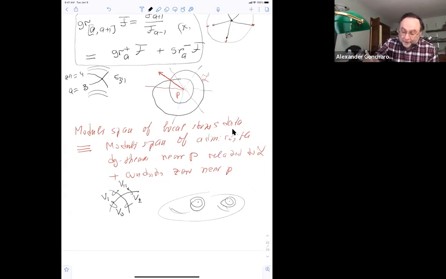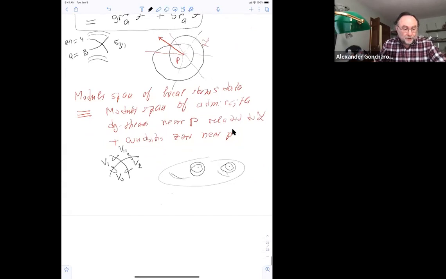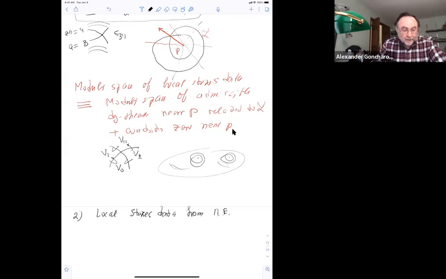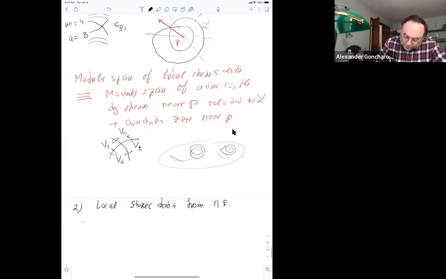But then there is, of course, the differential equation part of the story. So the next thing is we want to get local Stokes data from differential equations. And for this, I need to remind you of some classical facts about differential equations.